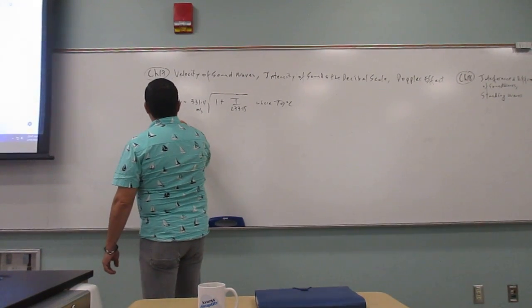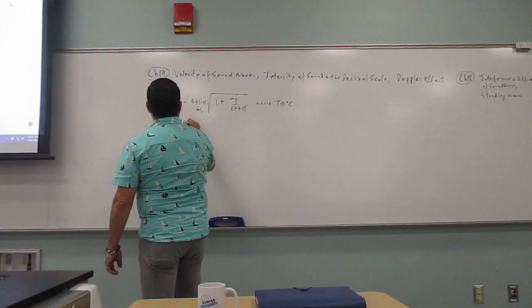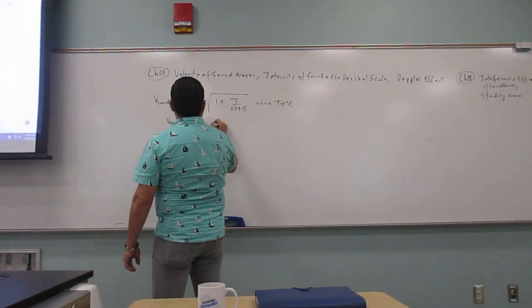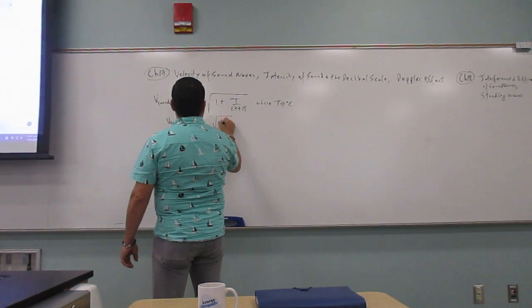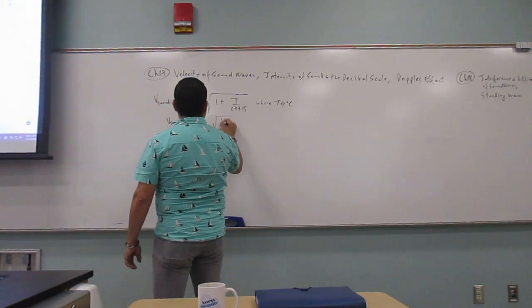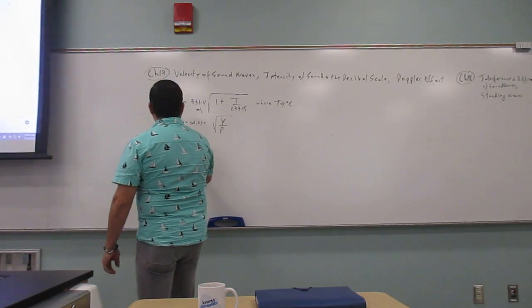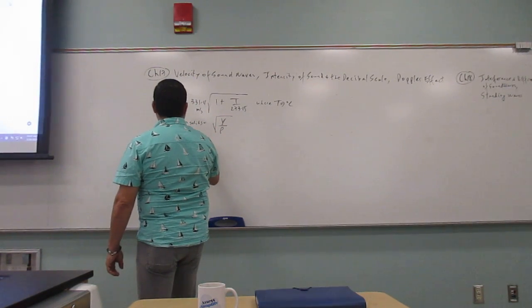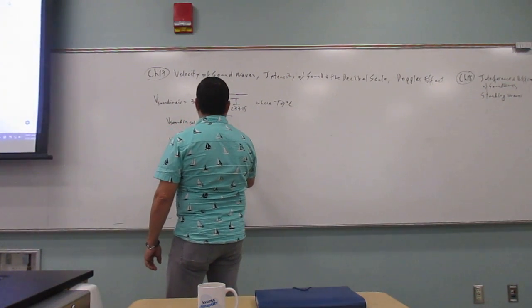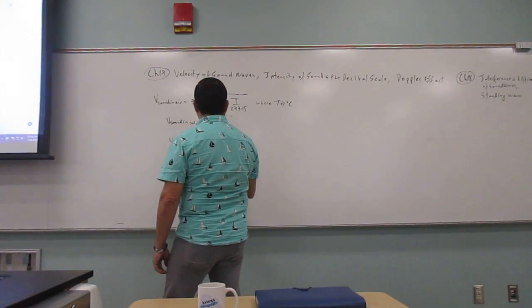And then the velocity of sound in solids is the square root of Young's modulus over the density of the solid. And then the velocity of sound in liquids is the square root of the bulk modulus over the density of the liquid.